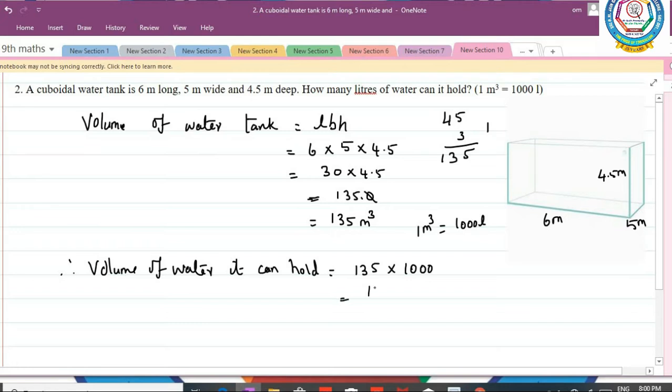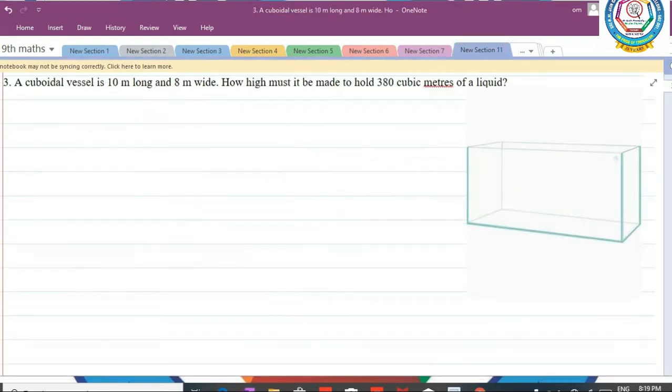That is equal to, for 135 we have to add 000. So you will get 1,35,000 liter. Therefore the capacity of the tank is 1,35,000 liter.